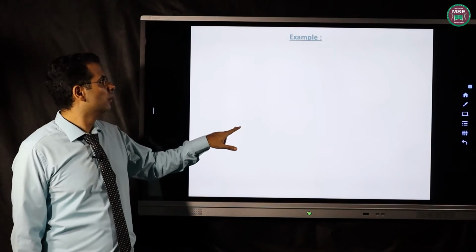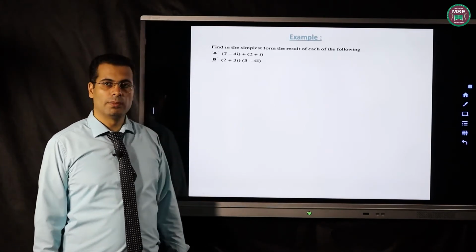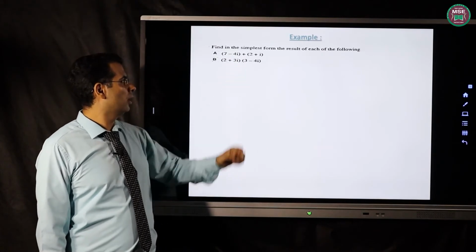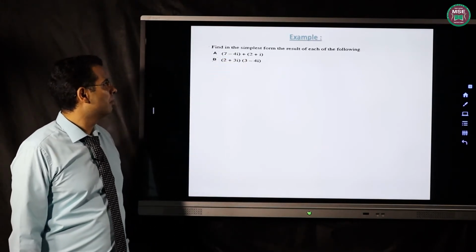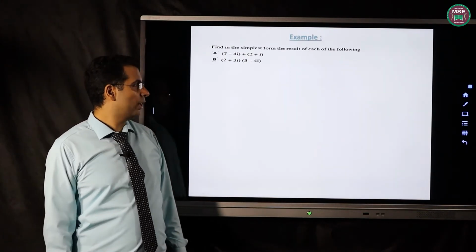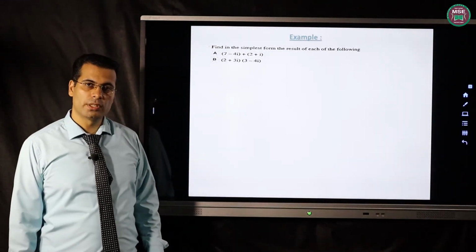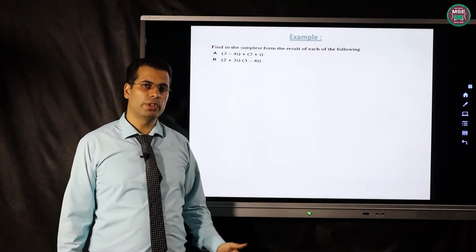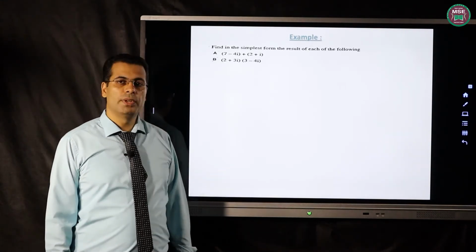Example: we want to simplify two complex numbers, add them and multiply each other. Here we have two complex numbers, 7 minus 4i plus 2 plus I. You can use the calculator 570 or more. Press mode, after that complex, and you can use it to operate on any two complex numbers.